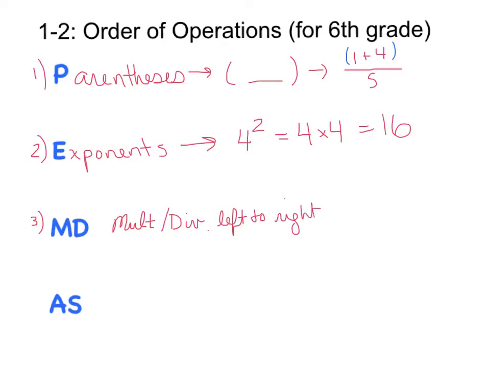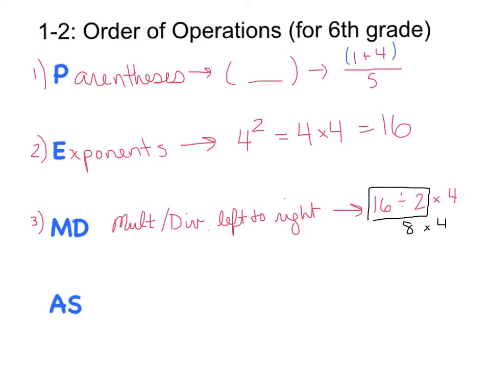One caution here with order of operations. If I gave you something like 16 divided by 2 times 4, sometimes your gut instinct will be to do the 2 times 4 first, but actually since it's multiplication and division from left to right, whichever comes first, I would actually do the division first. 16 divided by 2, I would get 8.